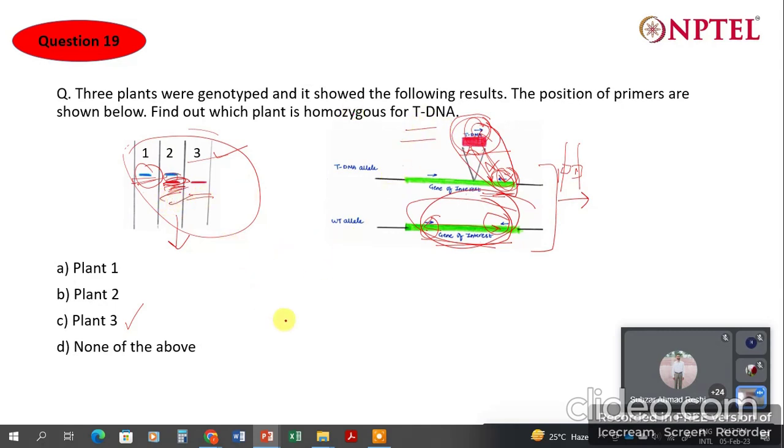Okay, so any doubts in this question? Shall I repeat this? If anyone of you has not understood, kindly let me know.